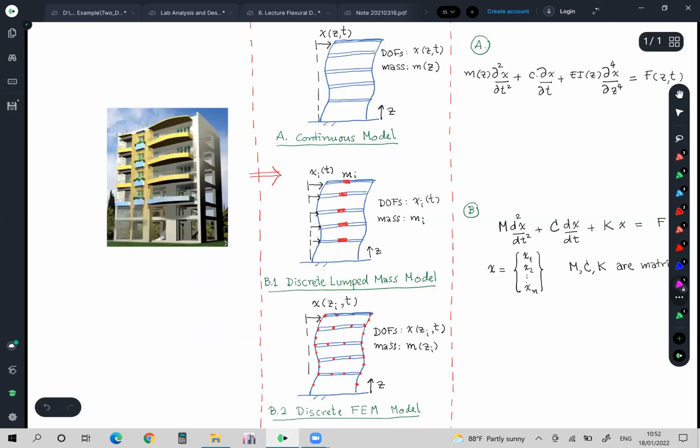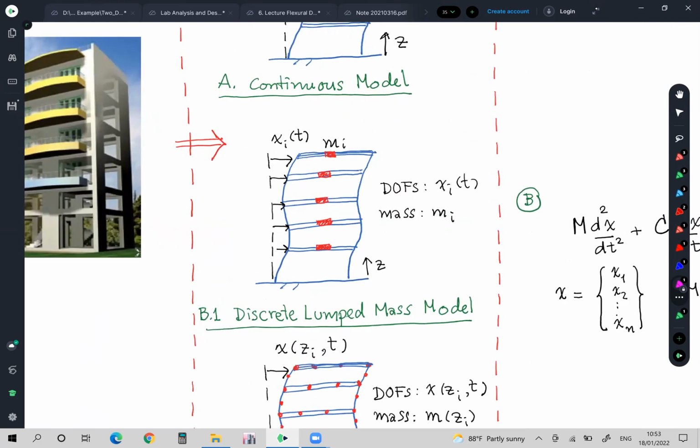For B number one, the mass is lumped into a spot, like the red dots that I showed you. We lump the mass on each floor and compute the floor mass plus half the weight of the columns and walls above and half the weight of the columns and walls beneath this particular floor. I will lump it into a big mass M_i. So you have M number one, number two, number three, number four, depending on the index i that you use.